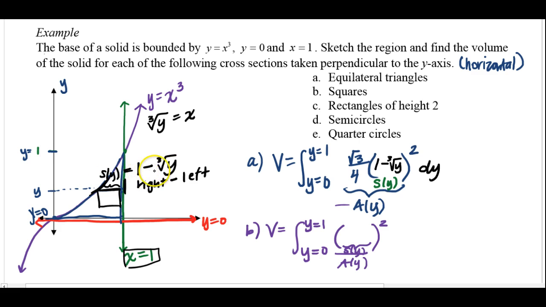We already have this in terms of y, so 1 minus the cube root of y is still s of y, and that's what gets substituted into my area formula for a square. So these are the setups required to find the volume of the solid where the cross sections are equilateral triangles and then squares, but they are perpendicular to the y-axis, so horizontal.